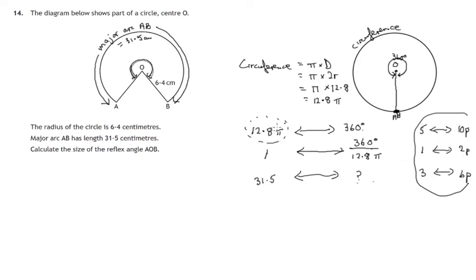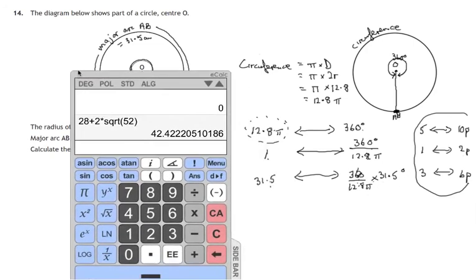So this number goes with 360, 1 will go with 360 divided by 12.8 pi, and 31.5 will go with this number, 360 over 12.8 pi, whatever that is, times 31.5. So that number of degrees. So that's the calculation that needs to be done.